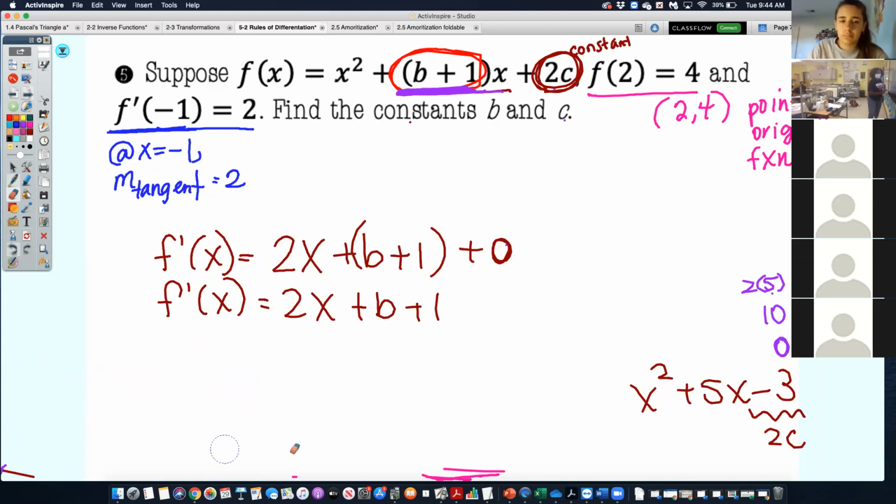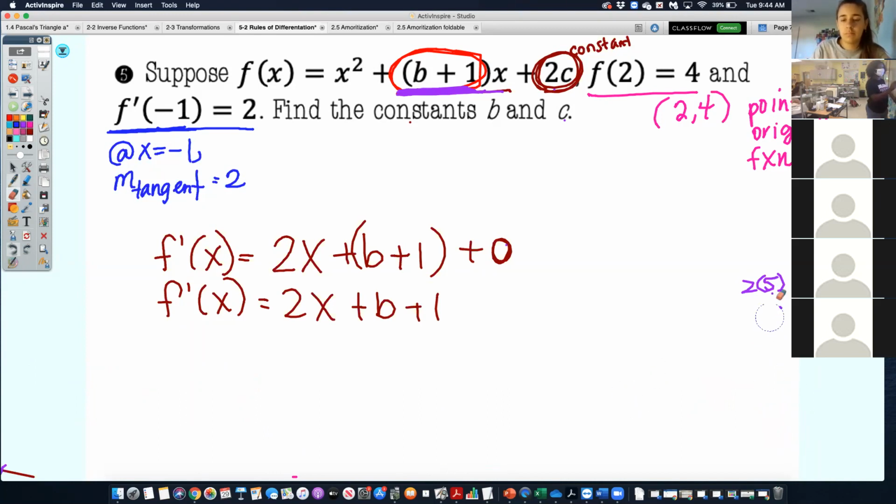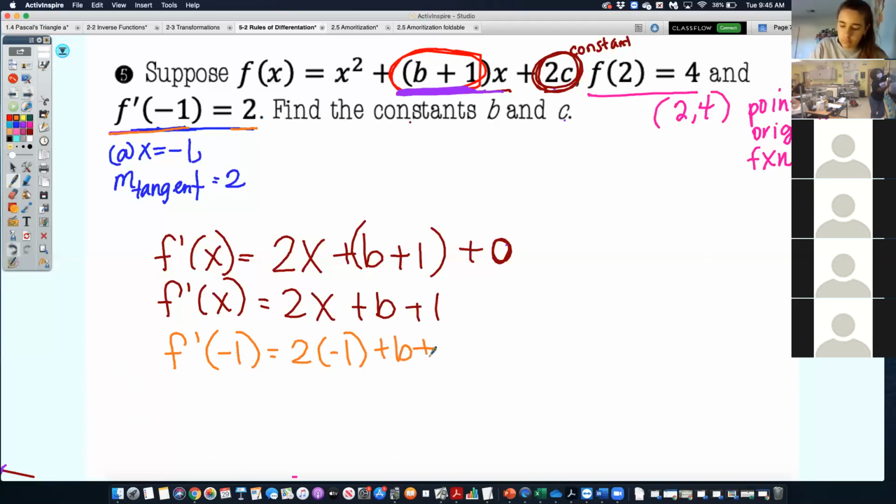So I needed to figure out what my derivative was in order to find the value of b. Now, since I know that the derivative when x is negative 1 is equal to 2, I can take my derivative, plug in negative 1 for x, and set it equal to 2 to find the value of b.